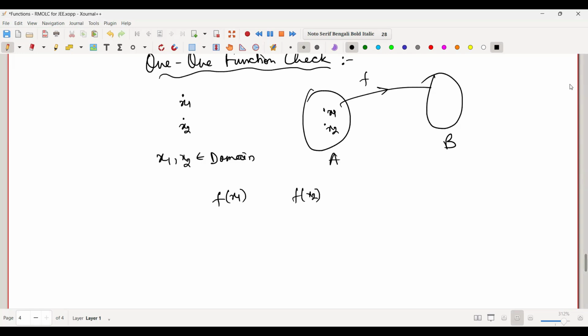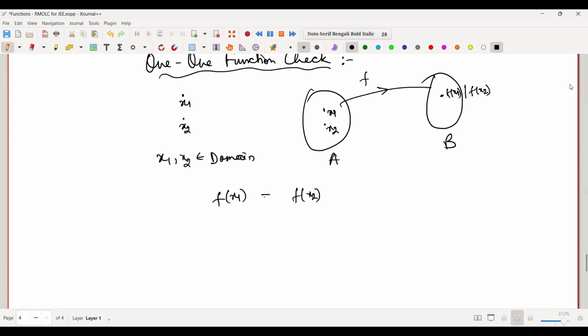Now we will equate f(x1) equal to f(x2). So we are assuming first that f(x1) and f(x2) are the same. These two are not different, they are the same.